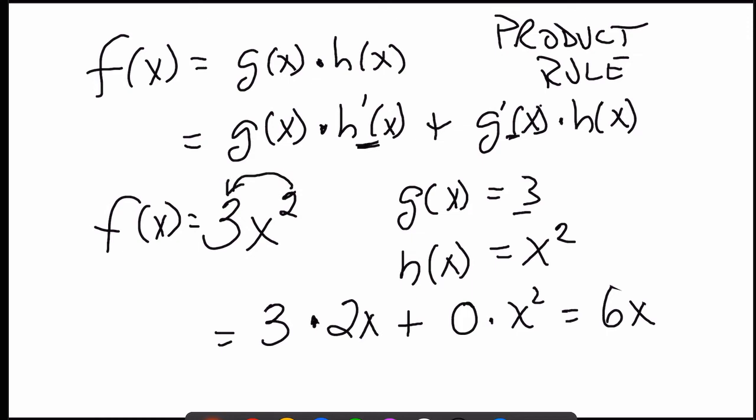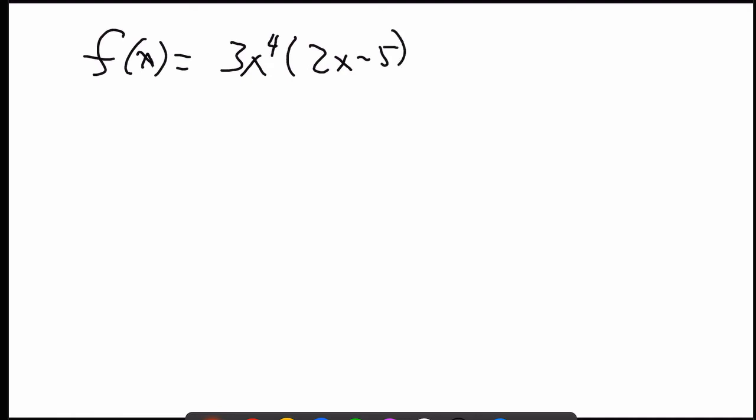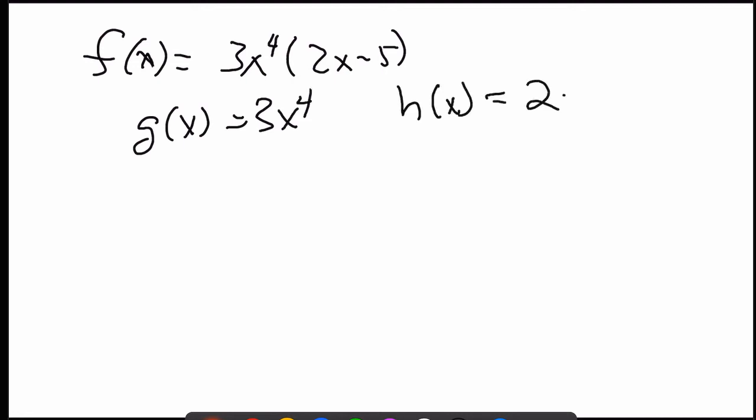We've already been doing that, right? But we know to do that from the product rule. We just tell you to do it before we explain to you why you should do it. So how about this? How about f(x) equals 3x to the 4th times 2x minus 5? Everybody with me on this? So g(x) equals 3x to the 4th, h(x) equals 2x minus 5.